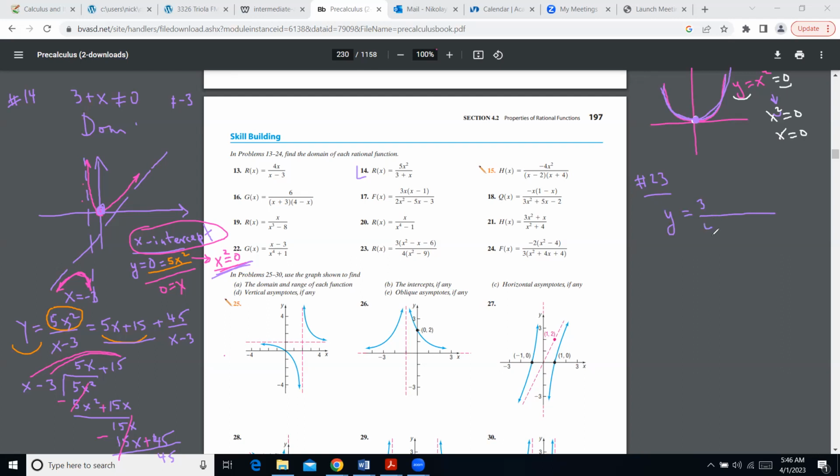3/4, and we have x squared minus x minus 6, so I can write it as x minus 3 multiplied by x plus 2. So what I'm doing is I'm factoring my numerator, and I also factor my denominator.